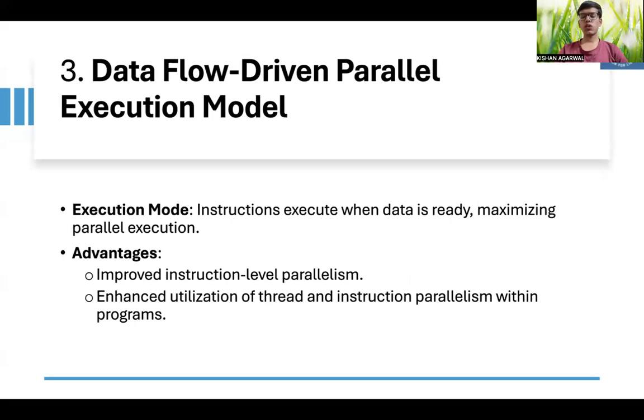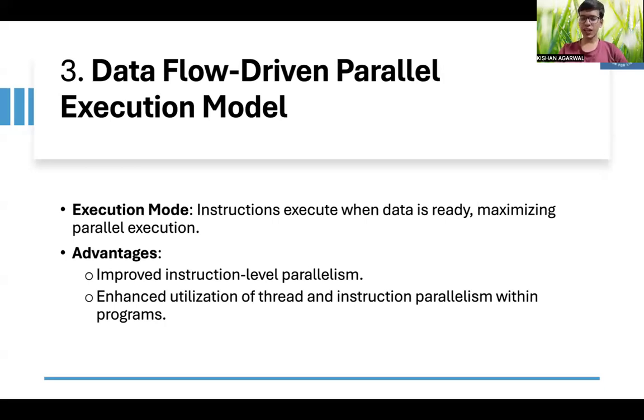So what is the execution model? Instructions execute when data is ready, maximizing parallel execution. So what are the advantages of it? Improved instruction level parallelism. That means multiple tasks can be run in parallel so that the time required will be reduced.